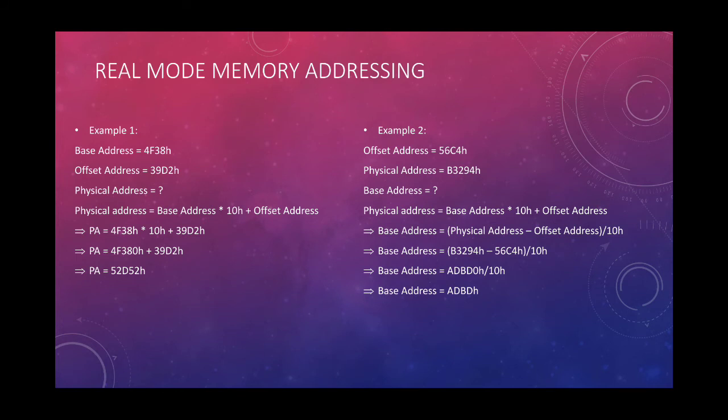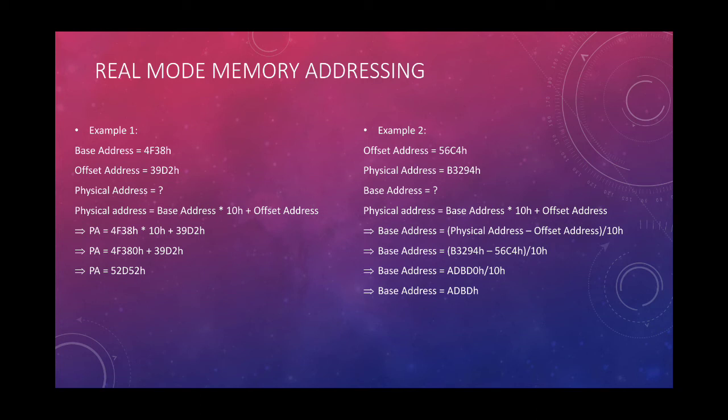Now some calculations are shown in this slide. There are two examples. Example 1. Here the base address is given as 4F38H for a segment. Then an offset address is given, 39D2, and we have to calculate the physical address. The physical address formula is: physical address is equal to base address into 10h plus offset address.